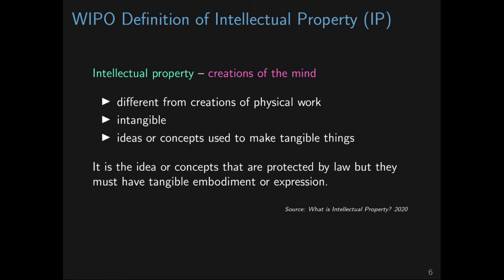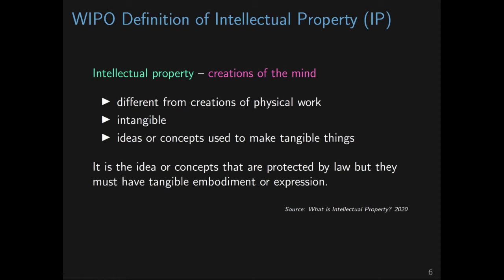This point is very important because it is really the ideas or concepts that are protected by law, but in order for such protection to be effective, these ideas or concepts must be in tangible embodiment or expression.